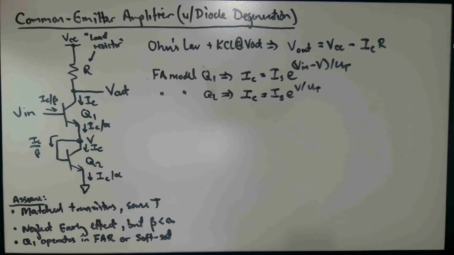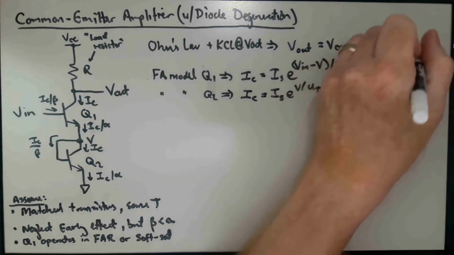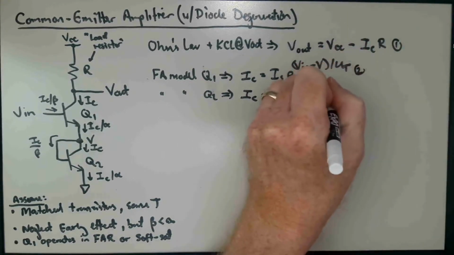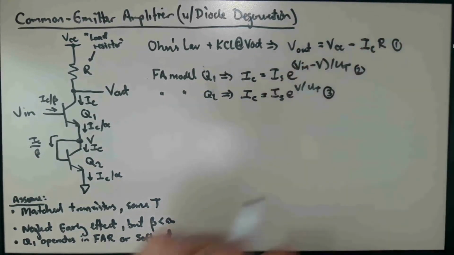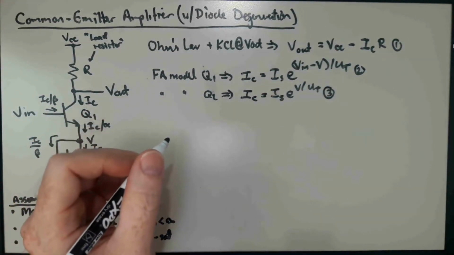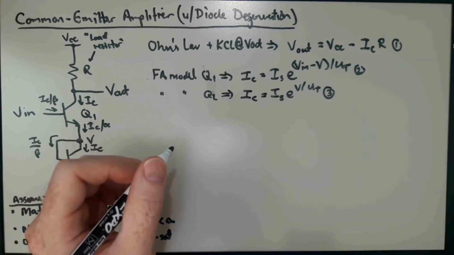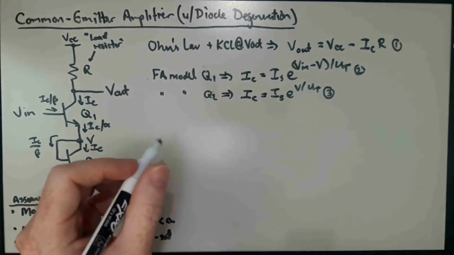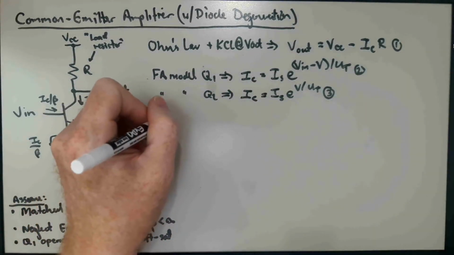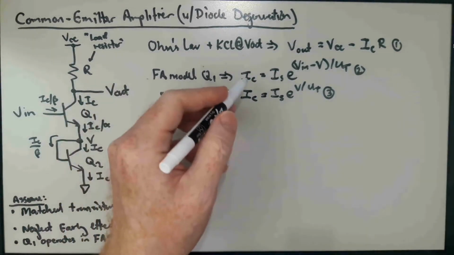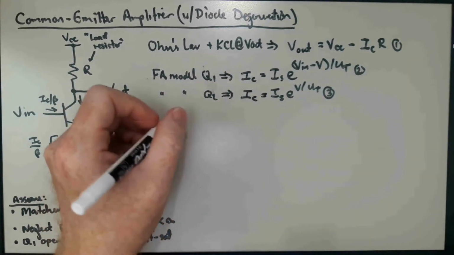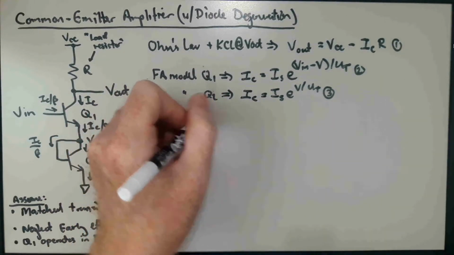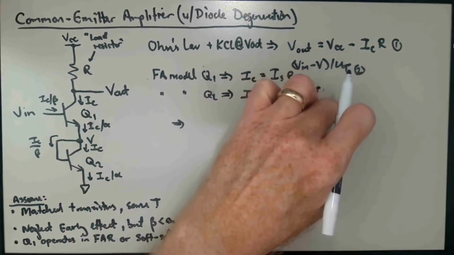Well, we can divide these two equations. So let's call this 1, 2, and 3. We can divide, or we can set them equal. Let's set them equal. So by the transitive property of equality, these are both equal to IC. I guess I don't need the 2 and the 3 if we're going to do that.